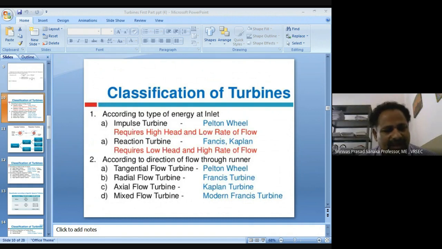Therefore, the Pelton wheel, or the turbine which has been shown in the hydroelectric power plant, is a tangential flow turbine. So it is clearly understood that the jet is supplied tangent to the runner. Therefore, the Pelton wheel can be called a tangential flow turbine.